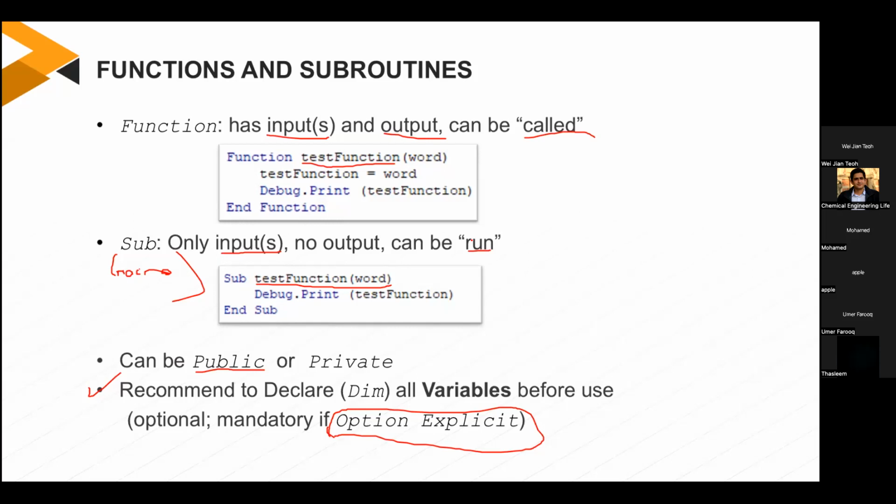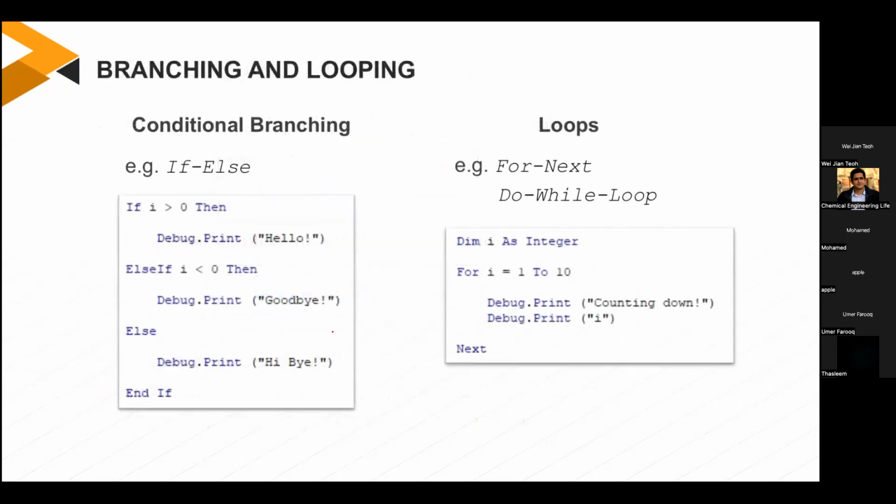All right, so let's move on to branches and loops. When we have a function, what's important is that we need to be able to do something when a condition is satisfied, or do something a certain number of times.